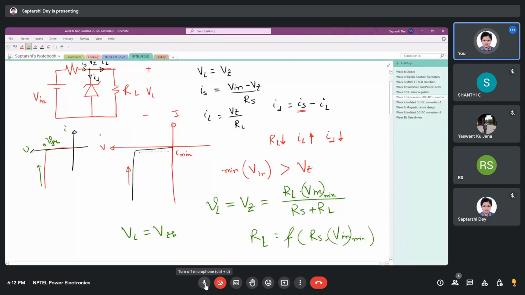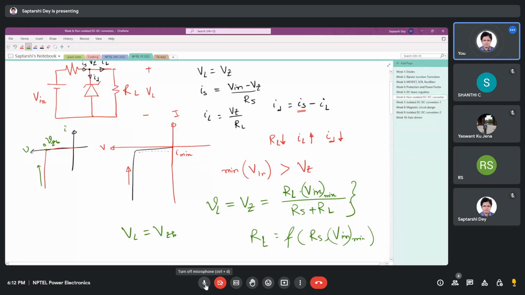So the Zener is not working at that time; there is no current through the Zener. Whatever voltage we get across RL is determined by this equation, just by the voltage division law.